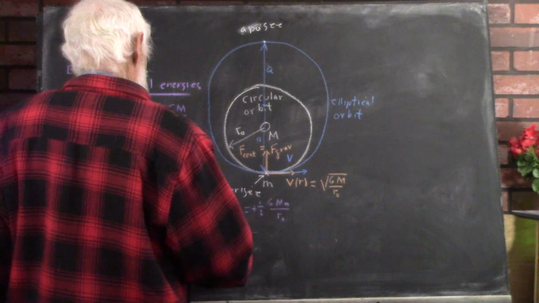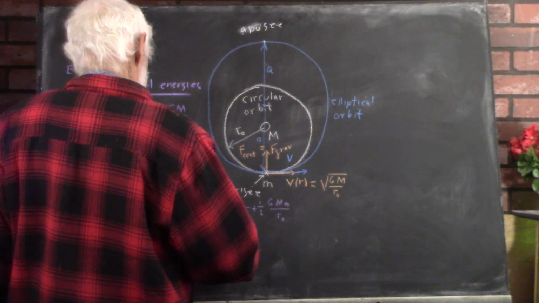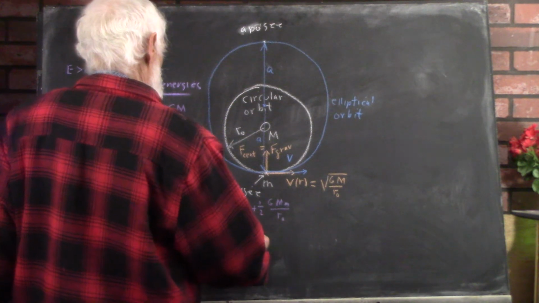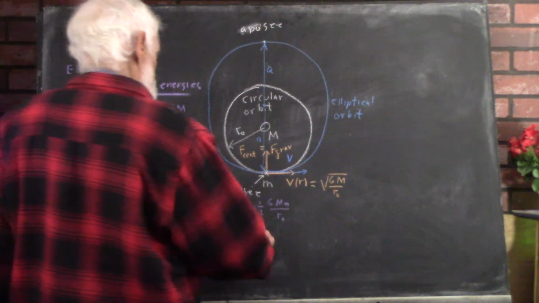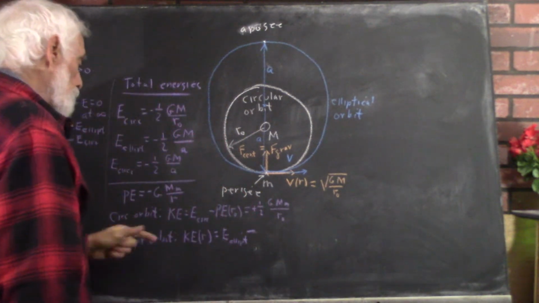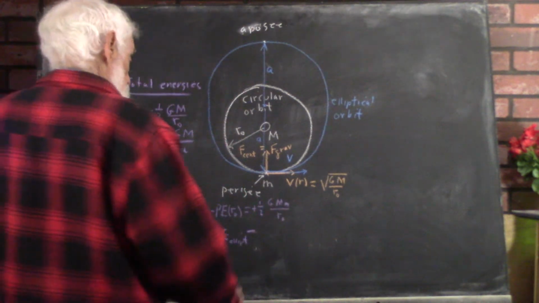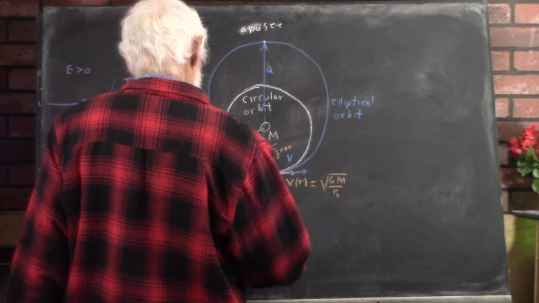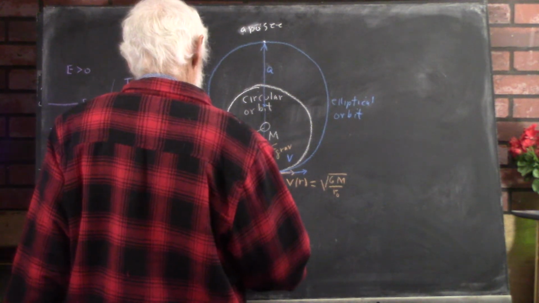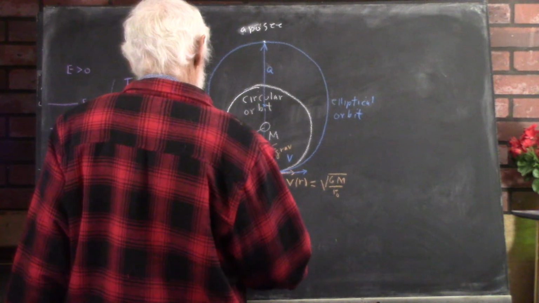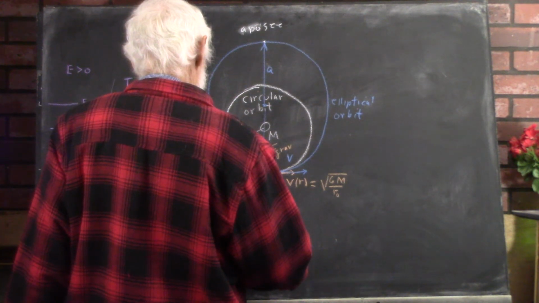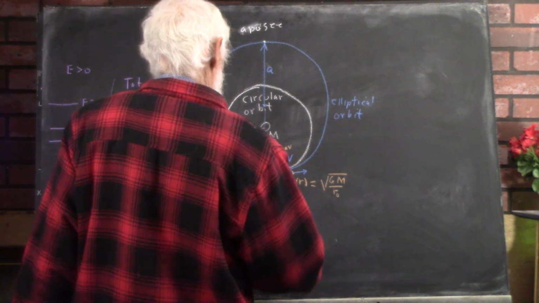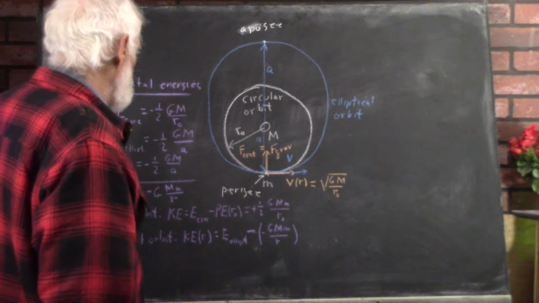So this is the total energy in the elliptical orbit minus potential energy at distance R, which is this.